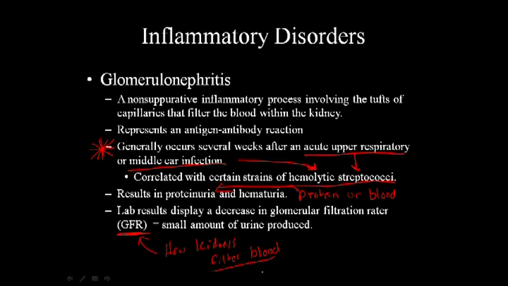But if you have a decrease, it means that your kidneys really aren't filtering the blood to an effective level. So if you have a decrease in glomerular filtration rate, you're going to have a small amount of urine produced, because the kidneys really aren't taking any of the waste out of the bloodstream. So it's very important to actually see this.